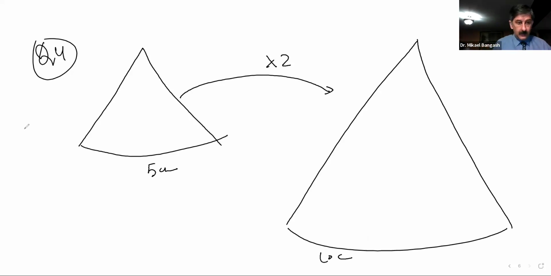And what they are asking is, what happens to the frame rate? Now your frame rate here is mainly going to be halved.